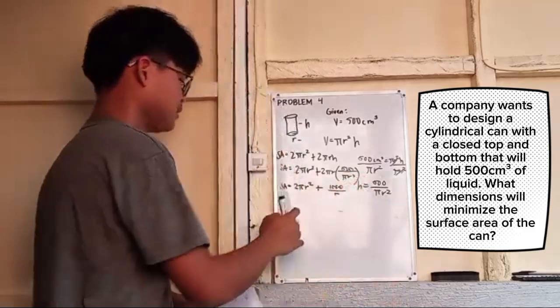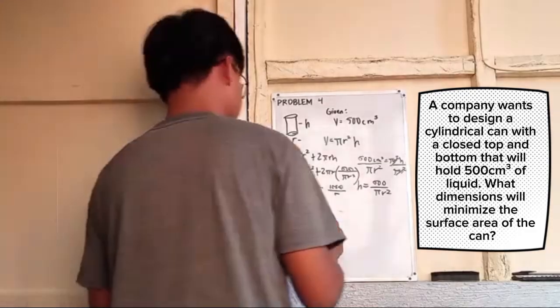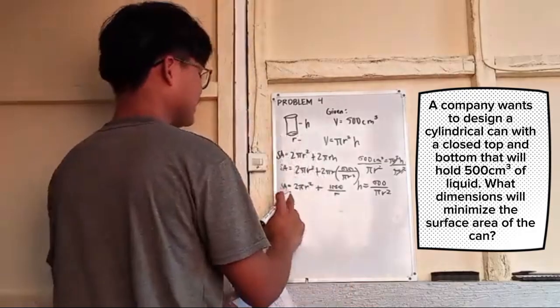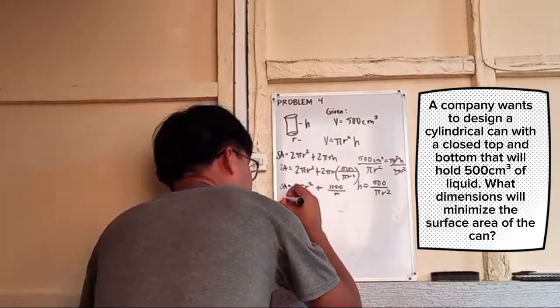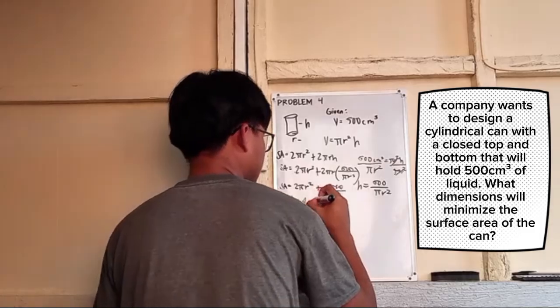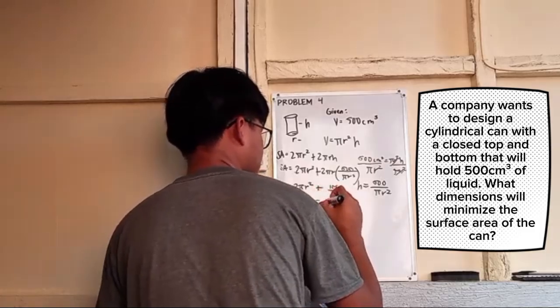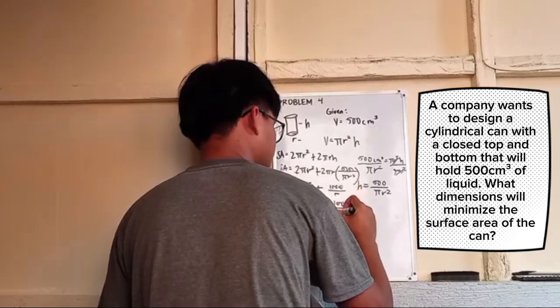Then what we're going to do next is to differentiate the surface area. So the derivative of surface area is equal to 4 pi r minus 1000 over r squared.